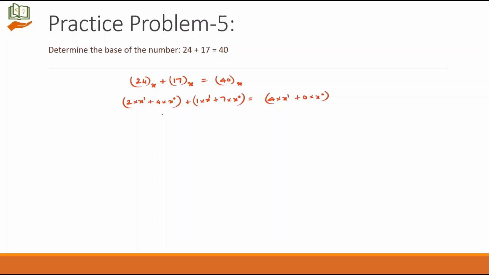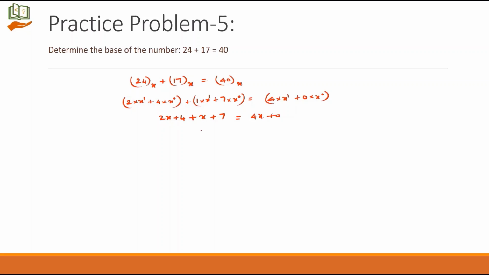So 2 into x power 1 is 2x and 4 into x power 0 is 4 plus 1 into x power 1 is x plus 7 into x power 0 is 7, which is equal to 4 into x, 4x plus 0 is there, so we will just leave it off.